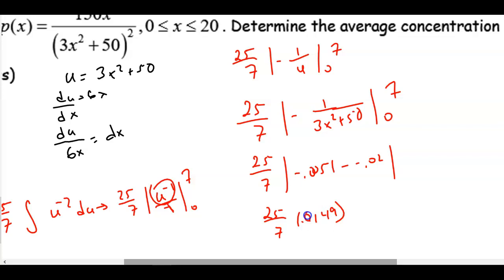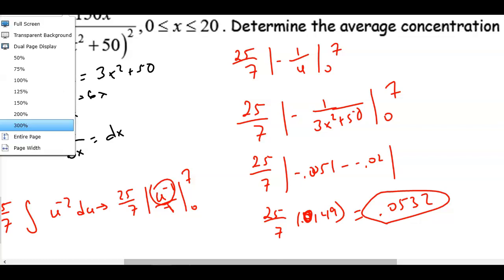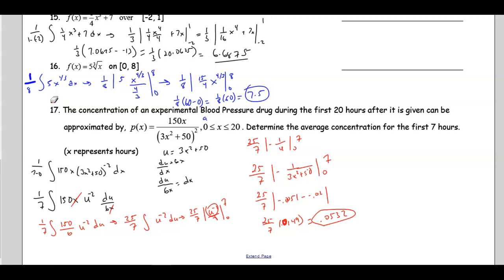Sorry. 0.0149. Multiply that by 25 divided by 7, and that's going to give us 0.0532. All right, I think I'm done. Yeah, I'm done. So, I hope this helps.